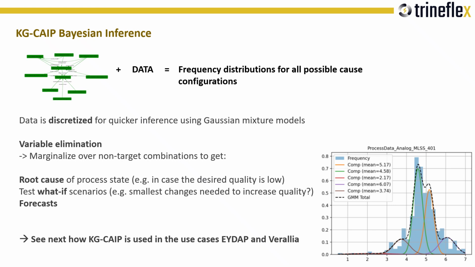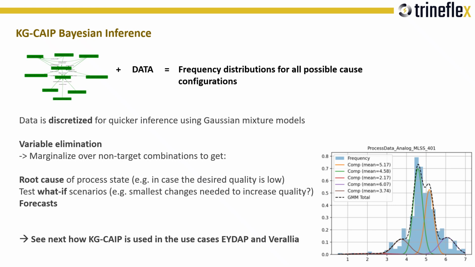And this is a prerequisite for Bayesian inference, which we perform using variable elimination. Now, variable elimination works way better with discretized data. I've mentioned that earlier.